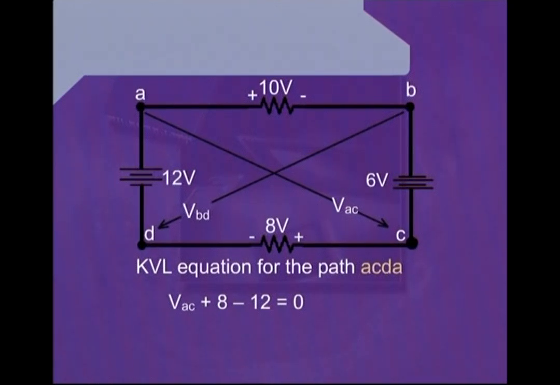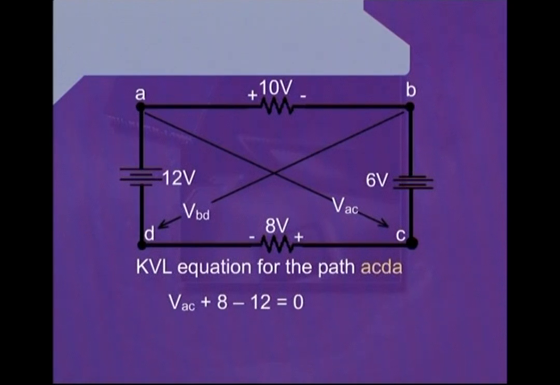Therefore, after VAC we will write plus 8. After writing this, we go through this resistive element to reach the point D.